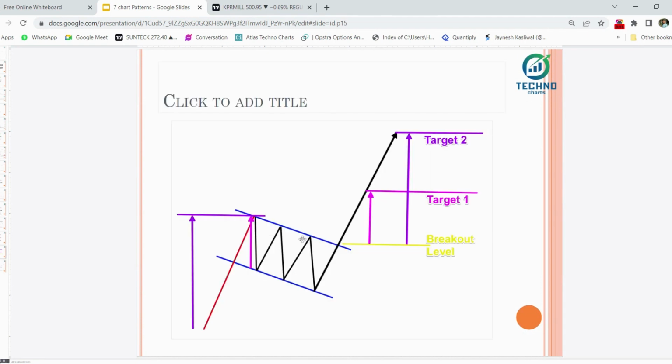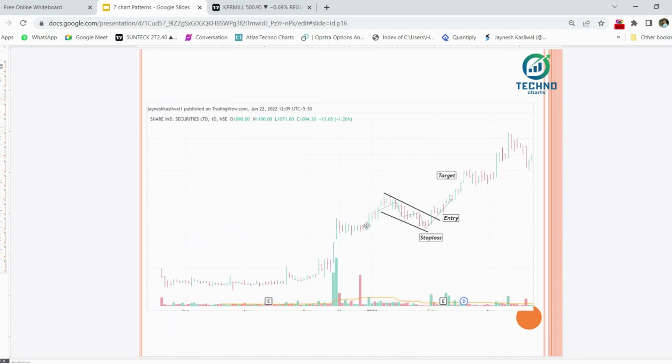Similarly, we can see the initial target would be the length of the channel that the stock had formed, and the final target, or target two, would be the pole of the flag, right? So here we can see this is the first target for the stock, and the final target would be the length of the pole, right?